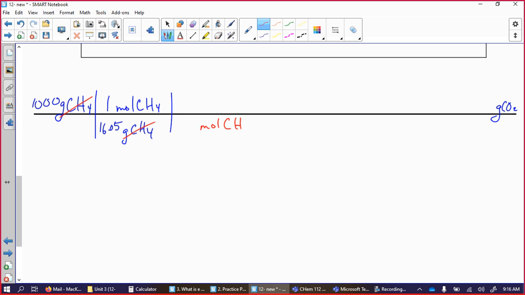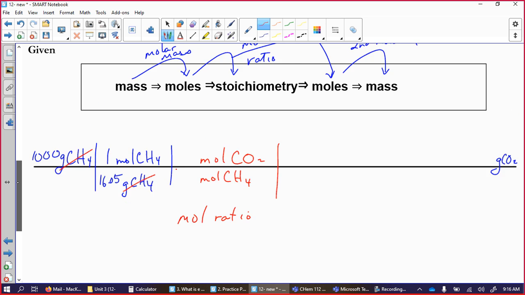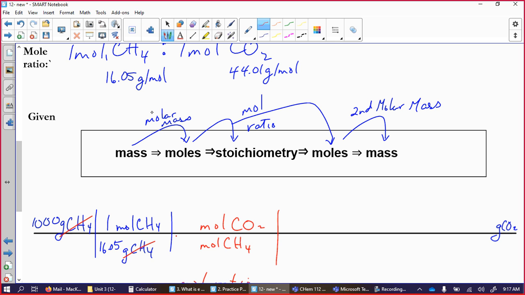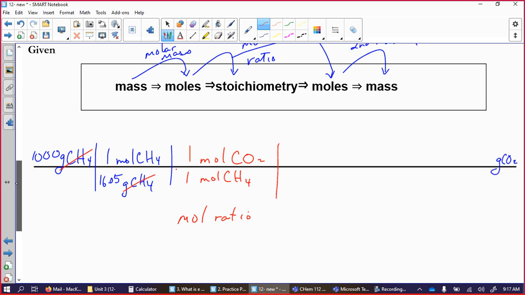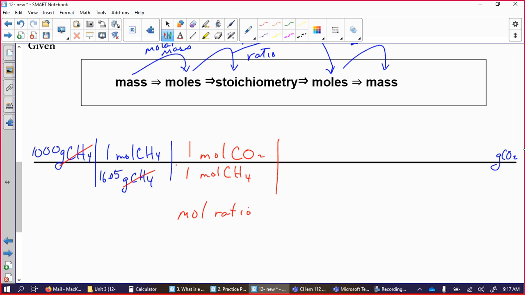I don't want moles of methane, I want moles of carbon dioxide. And this is the actual stoichiometry step. From our ratio, 1 mole of carbon dioxide comes from 1 mole of that, which makes this a little bit easier.